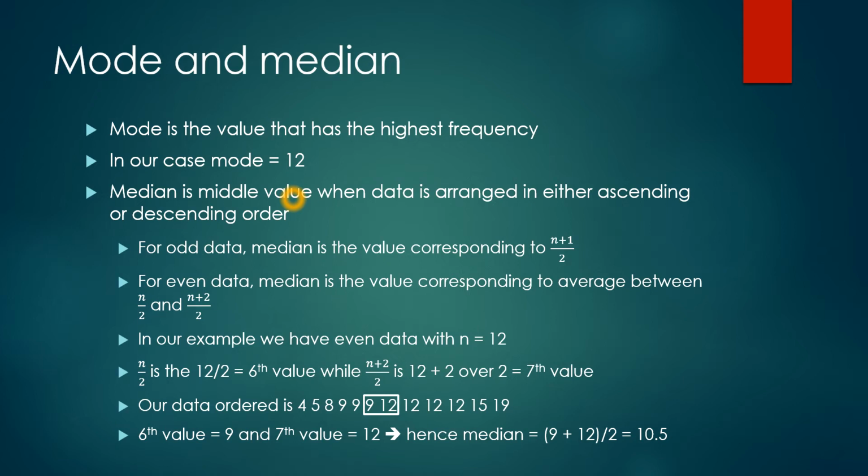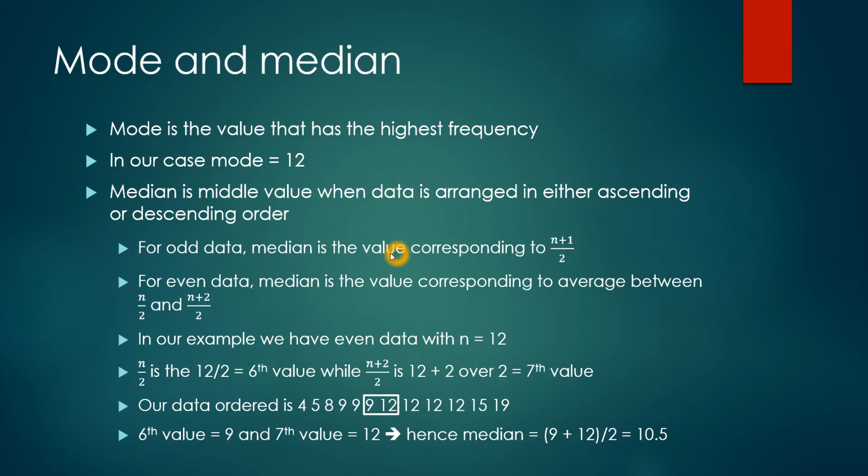So you have different ways of getting the median for the odd and for the even. For the odd, the median is the value that corresponds to n plus 1 divided by 2. n is the size of our data, and the size of our data is 12 because we have 12 months of the year.